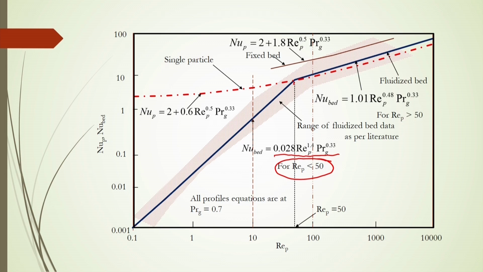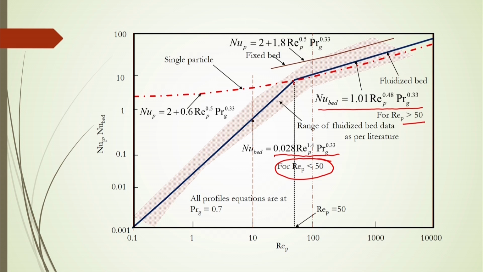Whereas, above a Reynolds number of 50, you will see the slope of this line decreasing, where this profile is represented by these correlations, and these correlations are applicable only for Reynolds number greater than 50.